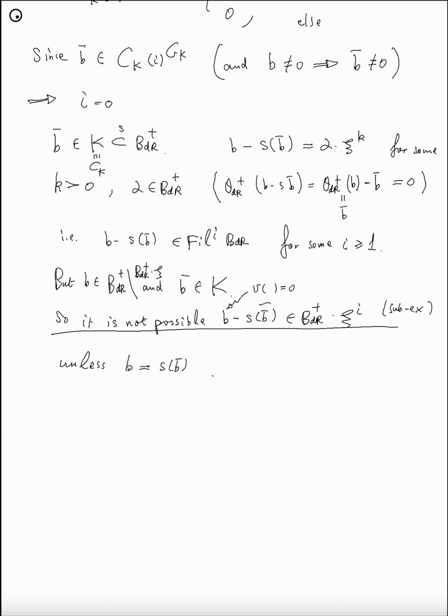And here the valuation of this is again 0, and so the valuation of this should be, I mean, the p-adic valuation is both 0.